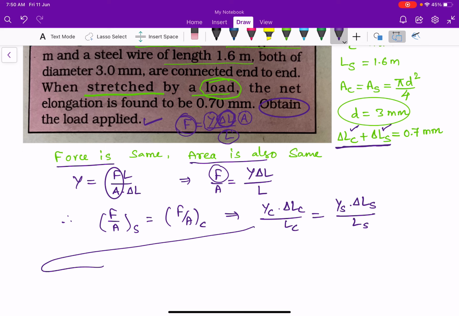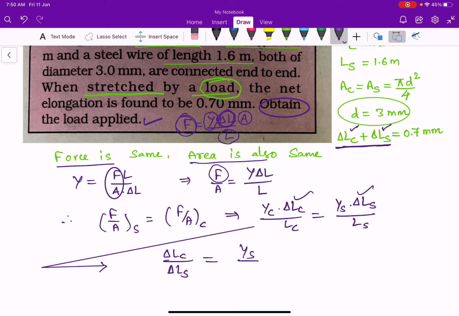So from this equation, ΔLC divided by ΔLS is equal to YS by YC into LC by LS. Young's modulus of steel is approximately 2 into 10 to the power of 11, divided by Young's modulus of copper, 1.1 into 10 to the power of 11, into LC.